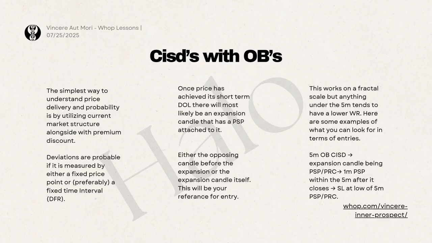And that goes into my second point. Deviations are probable if it is measured by either a fixed price point, meaning, what do I mean by that? A valid manipulation, not some bad one that you guys like to draw out now, or preferably a fixed time interval. Time intervals are the only thing that market makers cannot manipulate. They can manipulate the whole X or Y axis, meaning all of price, but they cannot manipulate time.